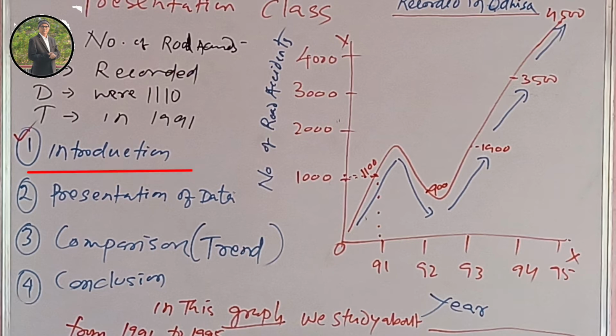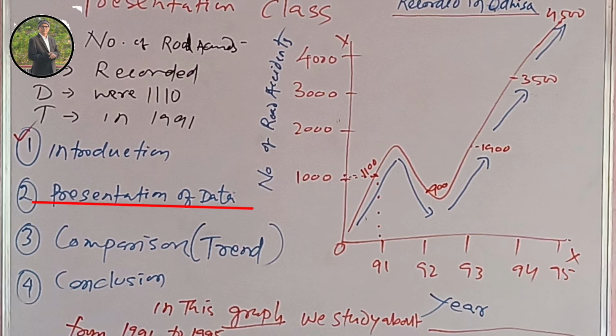Then in presentation of data you will say it is clear from the data or the graph that in 1991 the number of road accidents was around 1100. Connecting to the second year, you will say like this: the number of accidents in 1992 is around 900, which decreased.